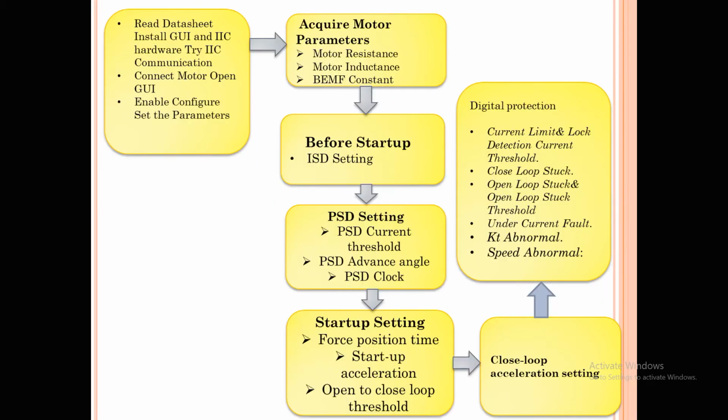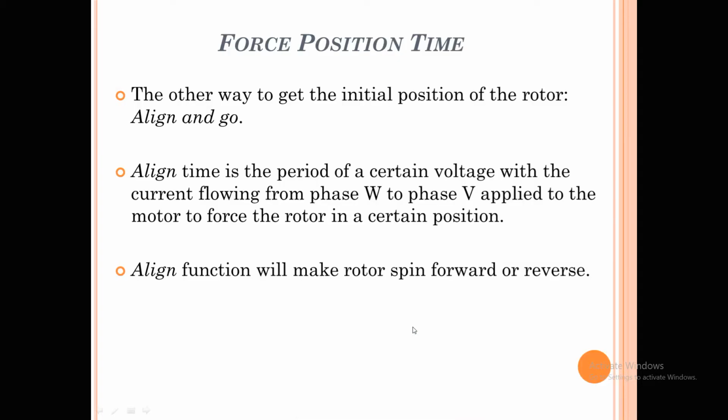Okay, so the same way as the sequence we have been following till now, we have completed the motor data acquisition before the startup setting. PSD also we have completed. Now in today's session we are going to start with the startup setting. The motor usually utilizes two different methods. First is the Align and Go method, another is the PSD setting or PSD method. The PSD method is used when Align is not required.